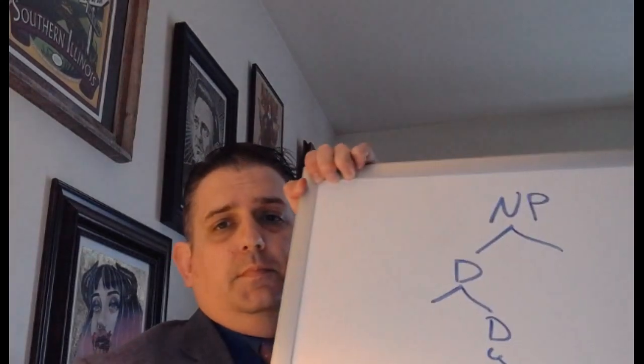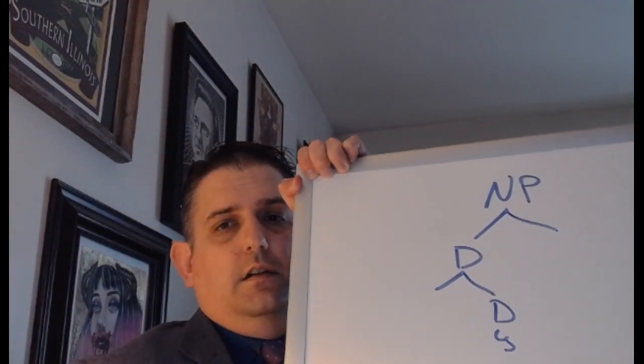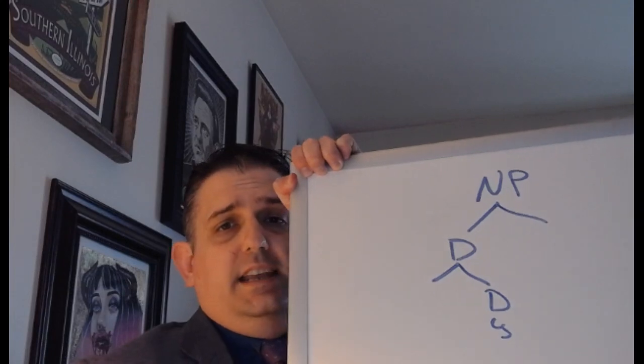So if we draw a tree like that, I'm going to say a noun phrase goes to a D. That D is going to contain our possessive. And then where are we going to put the possessor? Well, the possessor maybe is going to occupy the specifier position, or that open position we have in our X bar tree of the D.